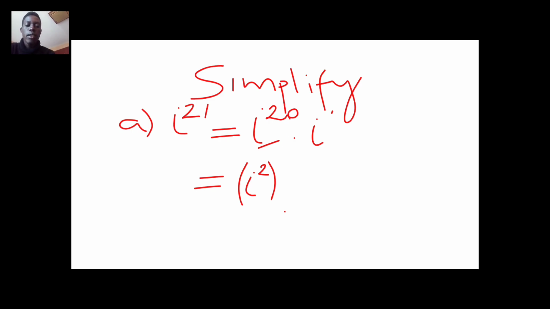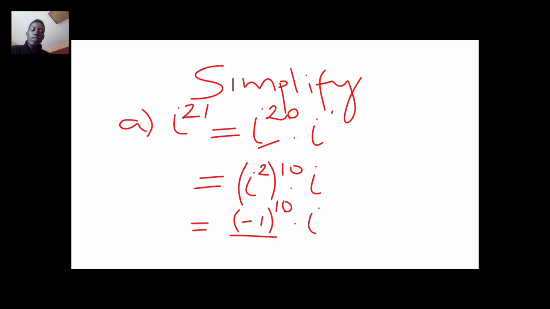It is 10, is it? 2 times 10 will give you 20. Then times i, this i here, times this i, don't forget it. Now if you have reached this part, substitute this i raised power 2 with negative 1 raised to power 10. Then times i.